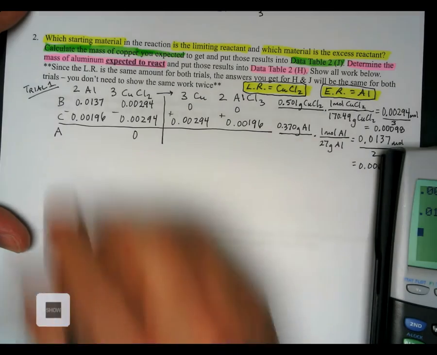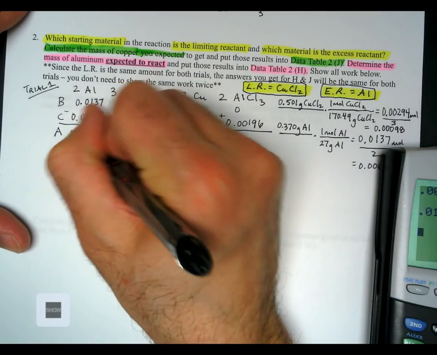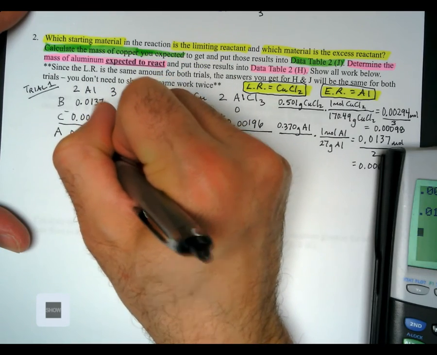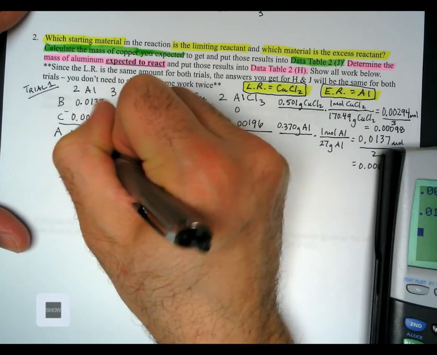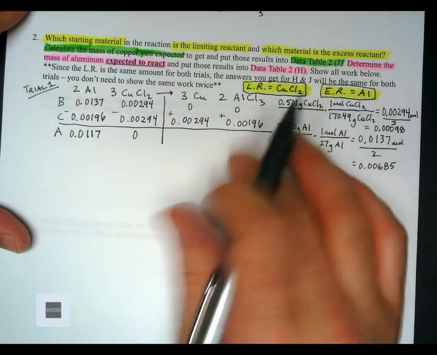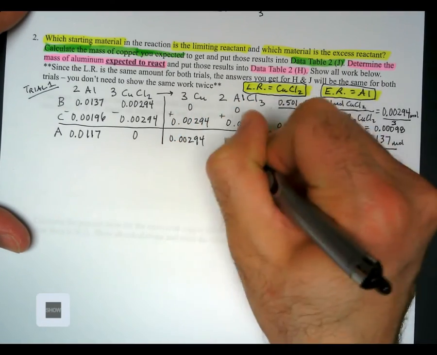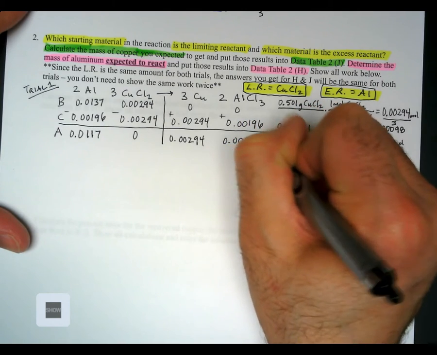This 0.01 for me, or for the numbers I have, I guess, not technically mine. I get 0.01174. 3 significant figures would be 117. Okay, and then these are just the same because they're adding to 0. And we have our BCA chart completed.